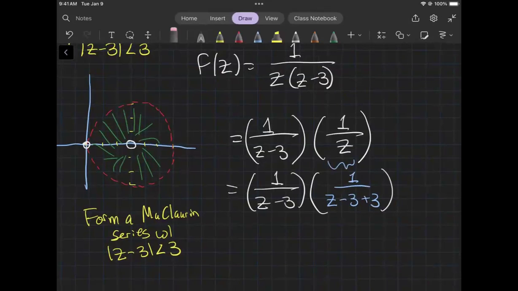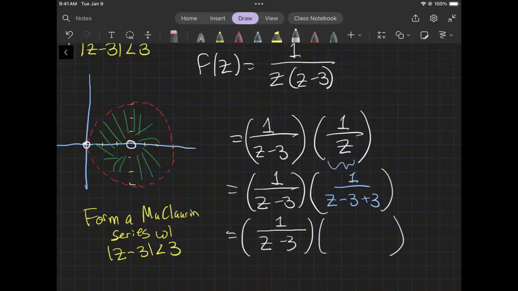So if I add 3 and subtract 3 in the second term, I can express that as 1 over z minus 3 times 1 over 3 plus z minus 3.